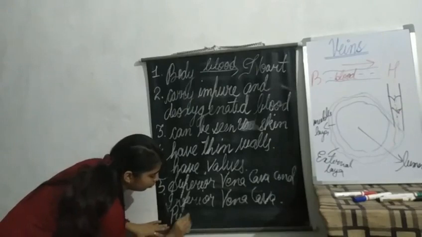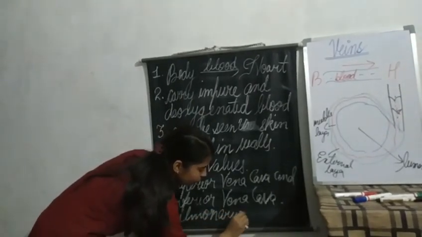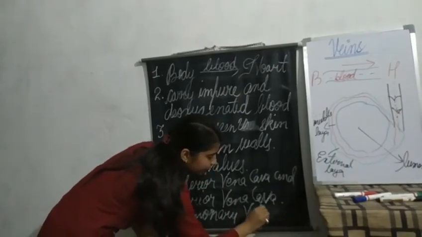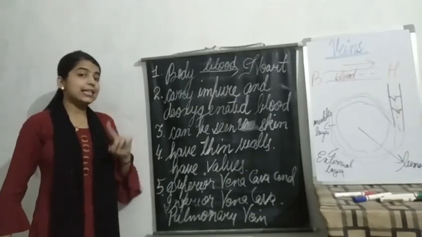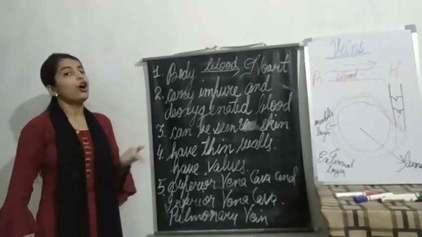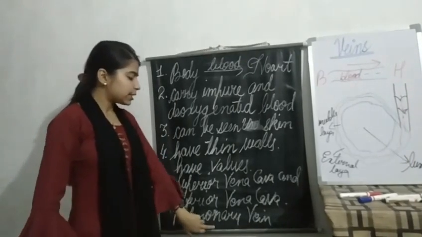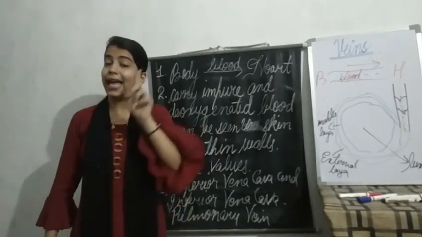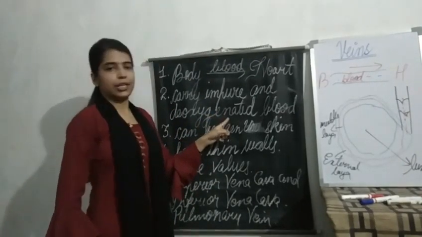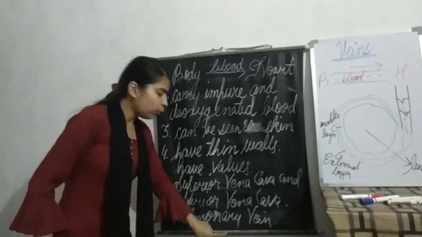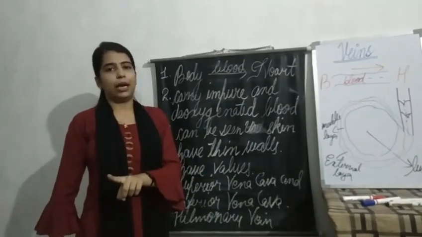Just like your pulmonary artery, there is a pulmonary vein. What was the function of the pulmonary artery? It carries deoxygenated blood from your heart to your lungs. Here, this pulmonary vein is also an exception, while other veins carry deoxygenated blood, the pulmonary vein will carry oxygenated blood.